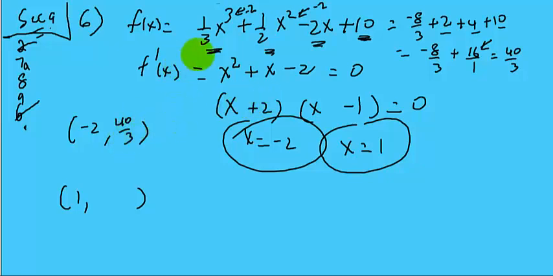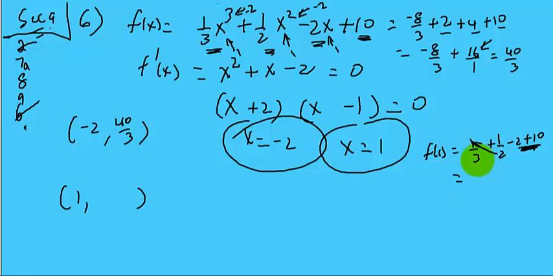Alright, what's the next number you're going to put in? 1. So when you put in 1, my f of 1 now turns into 1/3 plus 1/2 minus 2 plus 10. Okay, so this is going to give me 8, and I can do ancient and secret real quick here.